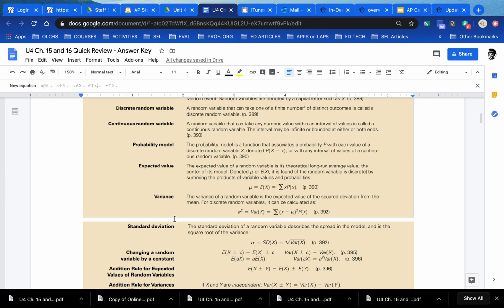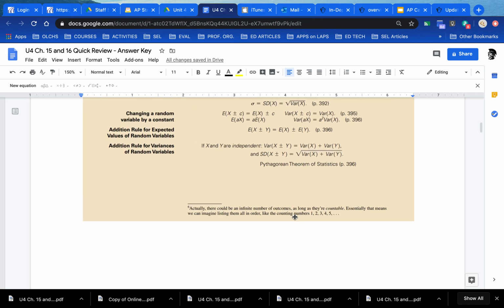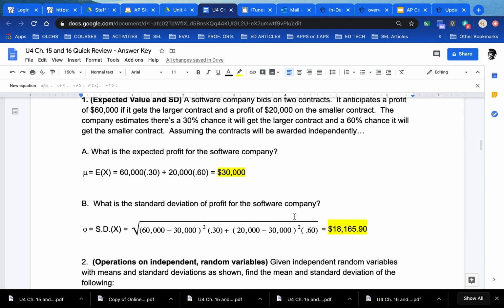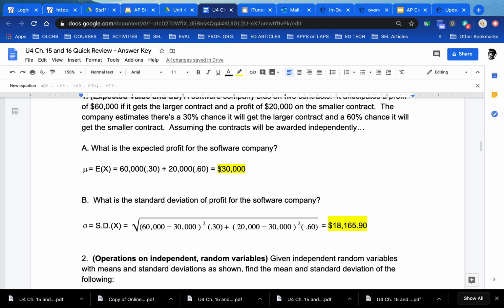And we talked about standard deviation being the square root of variance, and how you do that in a problem like this. You would basically have to find expected value first. You subtract the expected value from the amount, square it, and multiply it by the probability.